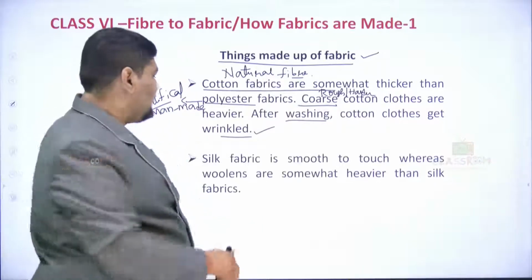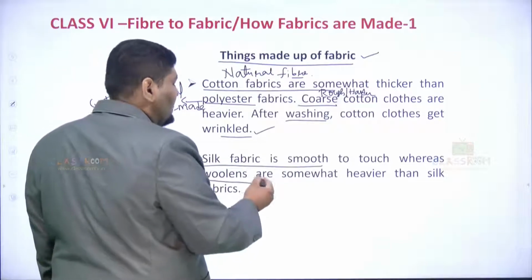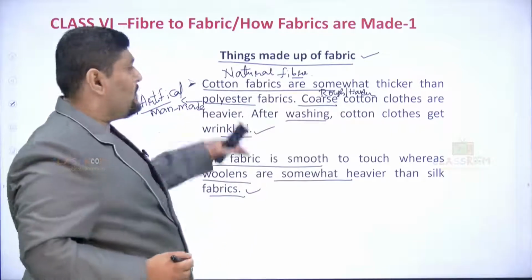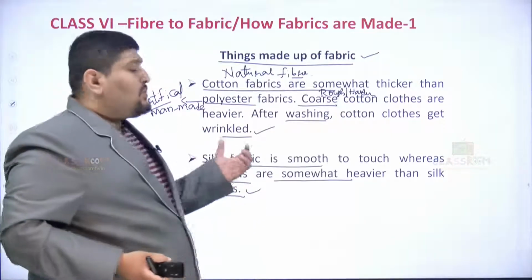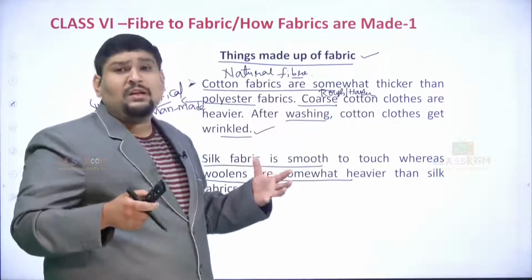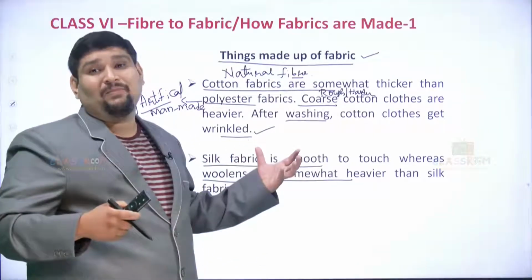Then, silk fabric is smooth to touch, whereas woolens are somewhat heavier than silk fabric. So we are comparing all the types of clothes here. When you prefer silk clothes, you can find they are smooth to touch, whereas woolen clothes are somewhat heavier compared with silk.